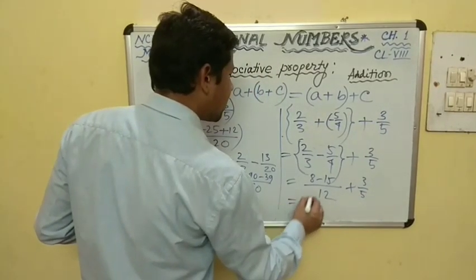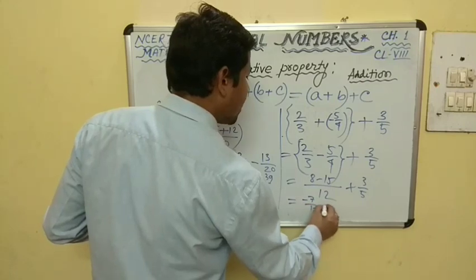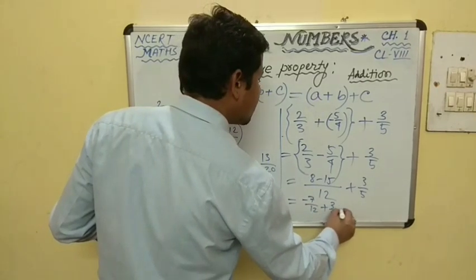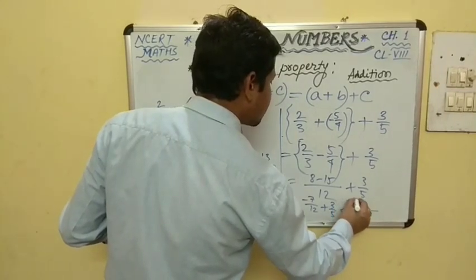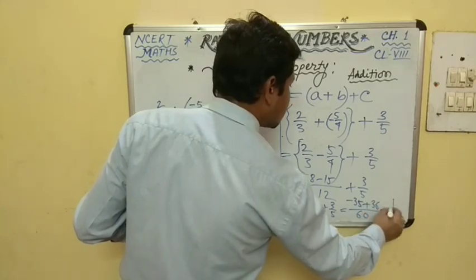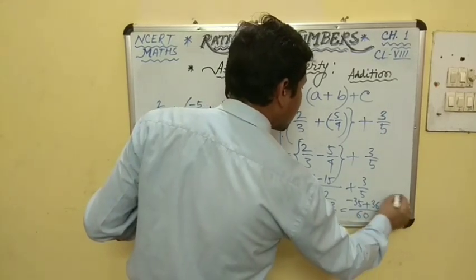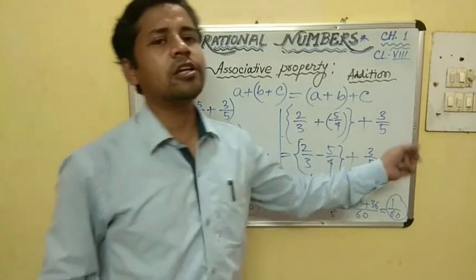The result is 8 minus 15, that is minus 7 by 12, plus 3 by 5, the LCM becomes 60, minus 35 plus 36, and the result is 1 upon 60. See carefully, in both the cases the result is 1 upon 60.